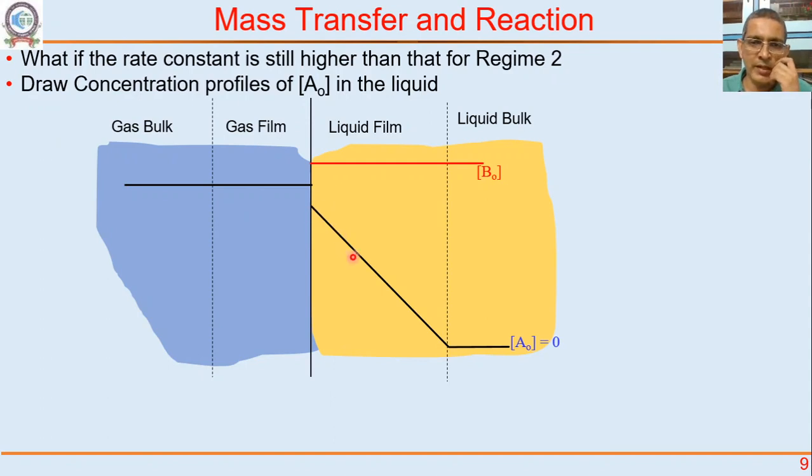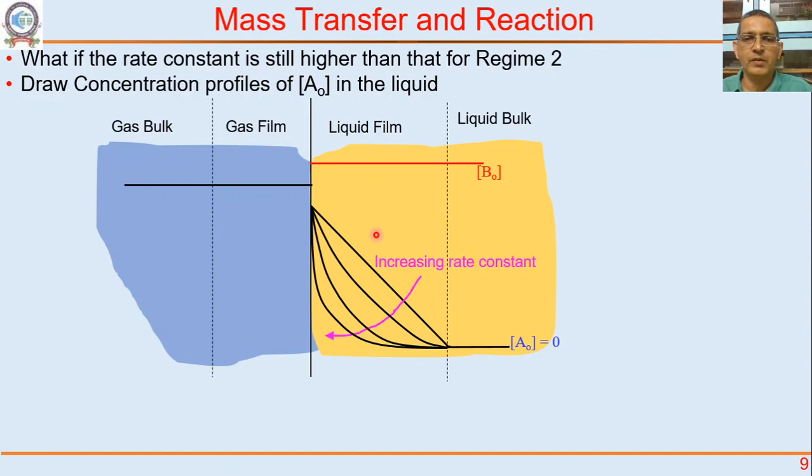So this is the case for regime 2. I want you to say now what happens to the concentration profile if I increase the rate of reaction further and further. Draw a profile, pause and draw for yourself, then only go forward. This is how it will look like. Reaction rate is increasing further.